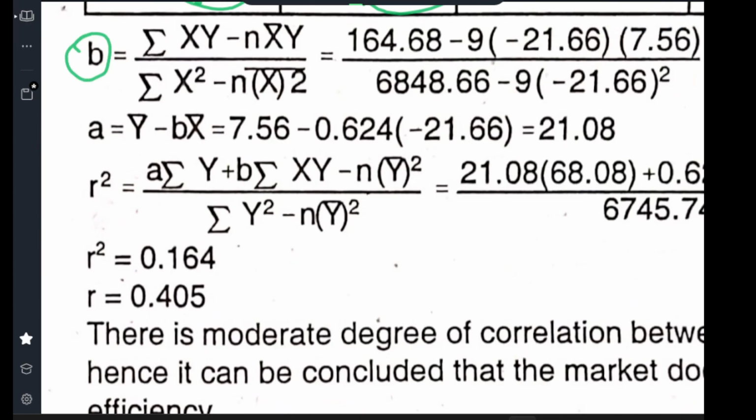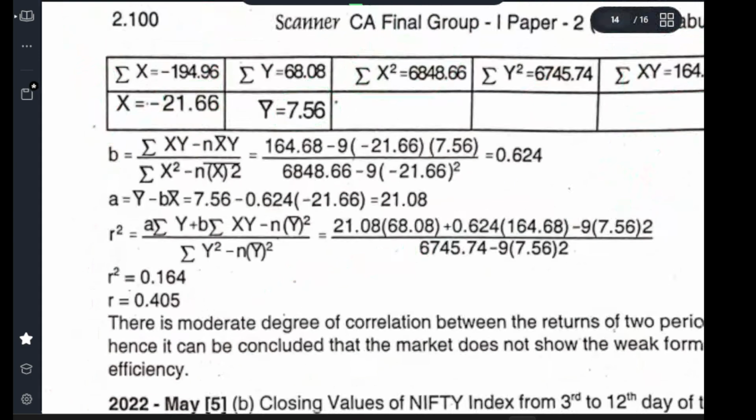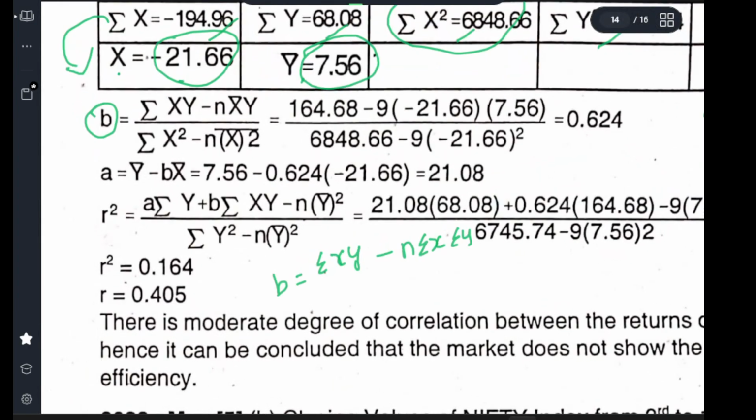To get b, b is equal to sum of XY minus N into X bar into Y bar, divided by sum of X square minus N into X bar the whole square.